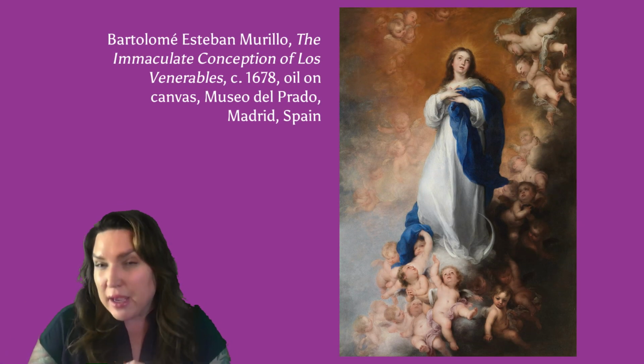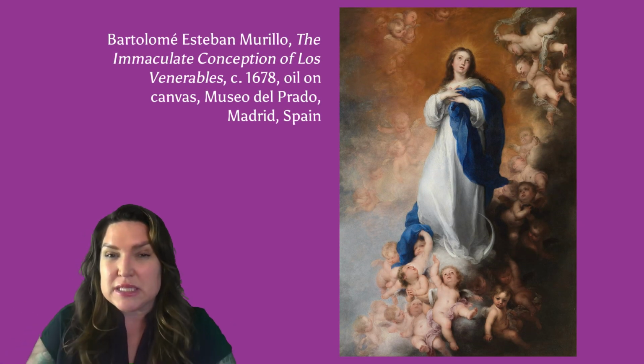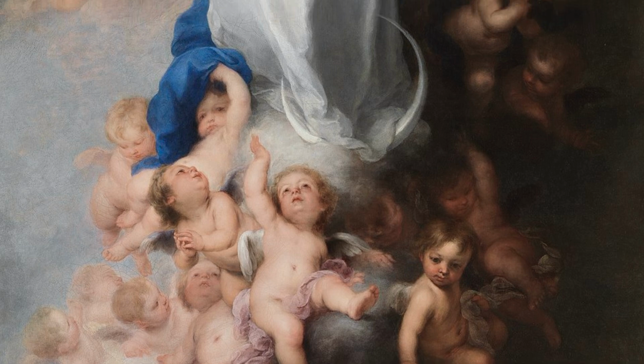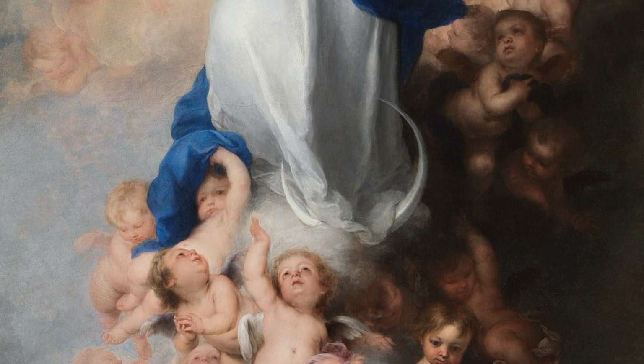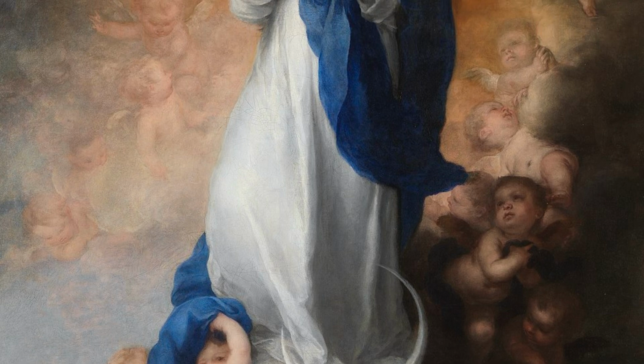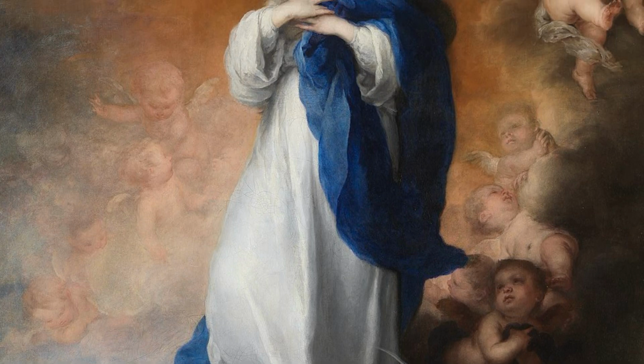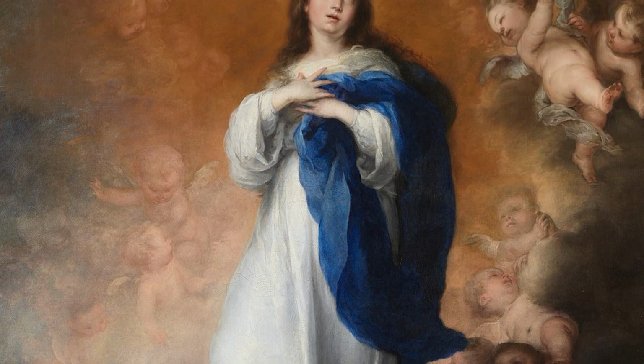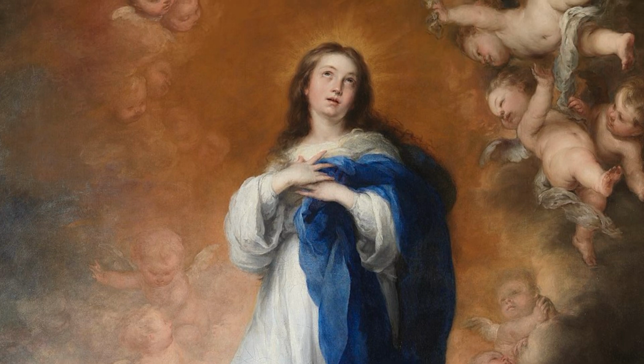Now in Spain, remember, they've remained Catholic, and we have a really strong cult of the Virgin Mary in Spain. So here we see Murillo's Immaculate Conception from 1678. Remember that Catholic doctrine maintains that from the time of her conception, Mary was free of original sin, and this image is very popular. We see depictions of Mary in a lot of Counter-Reformation art.